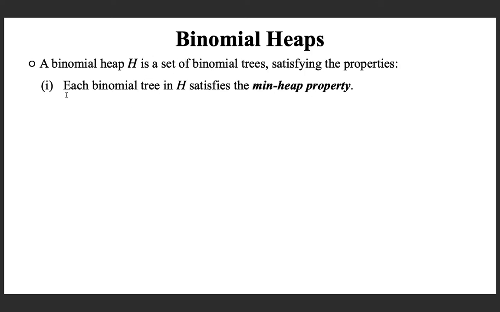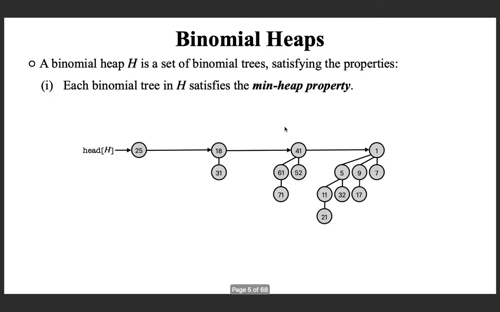The first property is that each binomial tree in the set satisfies the min heap property. For example, here you have a binomial heap H with 4 binomial trees in it. You can see that the binomial trees are B0, B1, B2 and B3.